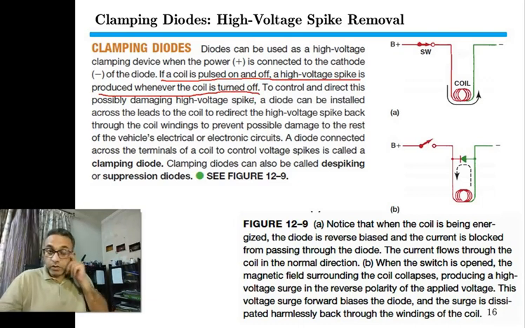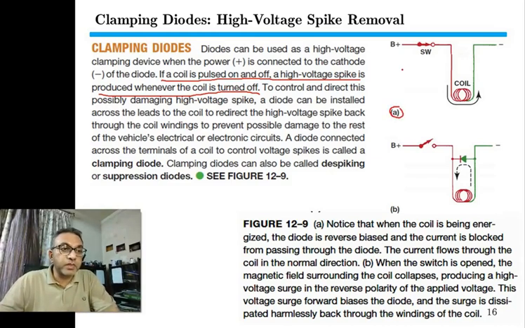So let us look at figure number A. We have the battery positive terminal, we have a switch, and we have a coil, and the negative terminal of the battery over here.